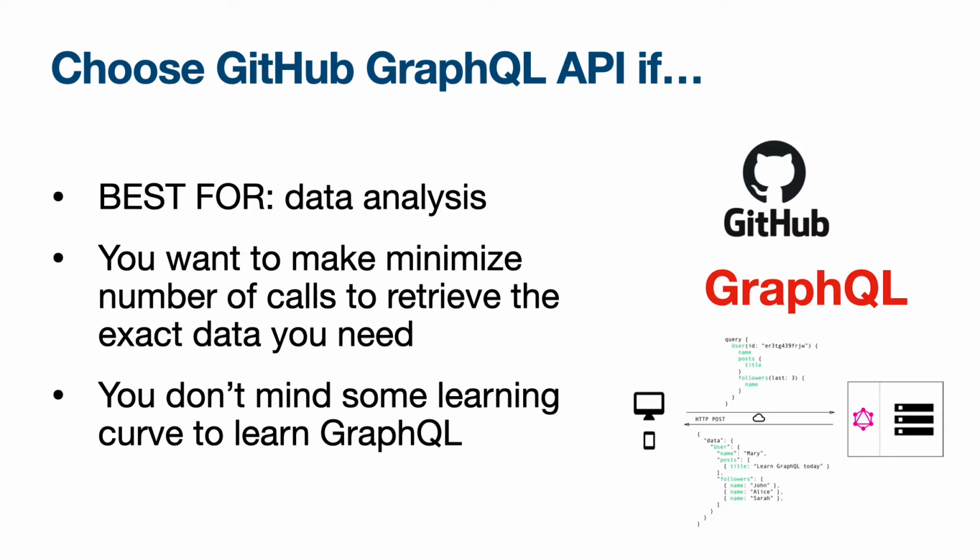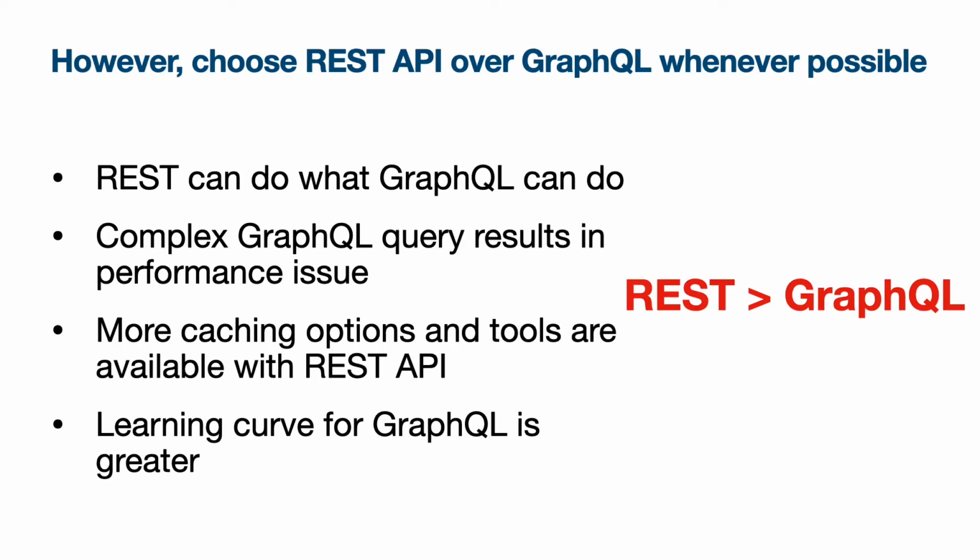But note that GraphQL has a bigger learning curve than REST API. The rule of thumb is to use REST whenever possible. Basically, REST can do what GraphQL can do. There are some special exception cases though, as you will see in the next slide.